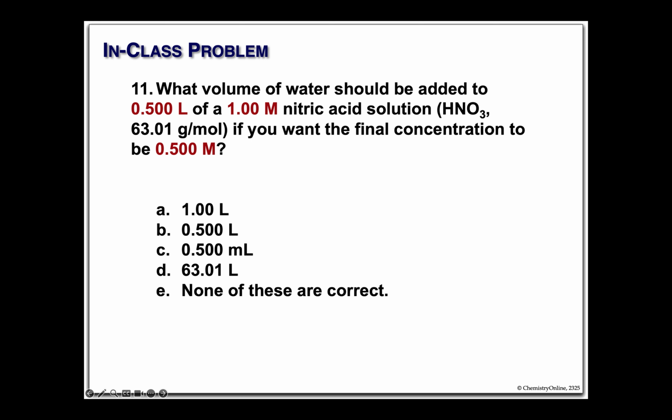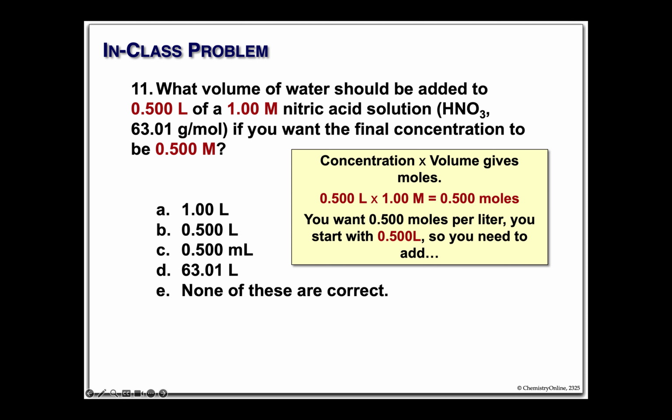So we're starting off with half a liter and it's 1 molar. We are going to add water to it. Half a mole per liter. Start with half a liter, so we have to add what? Another half. Bring it up to 1 liter. This is half a mole in 1 liter.